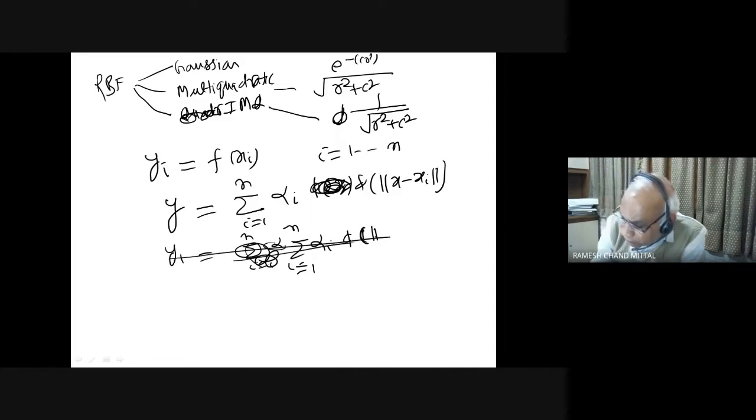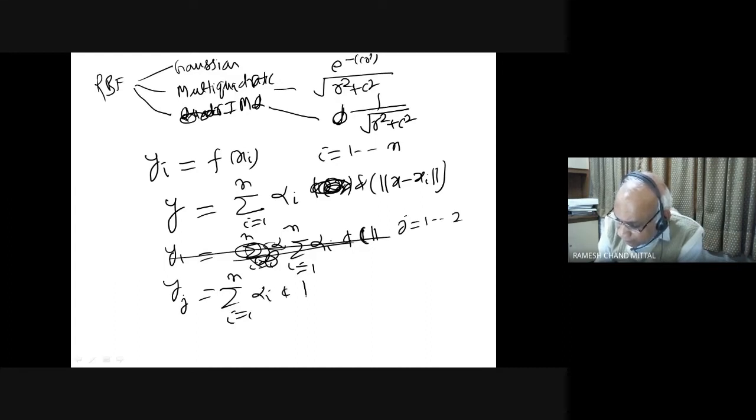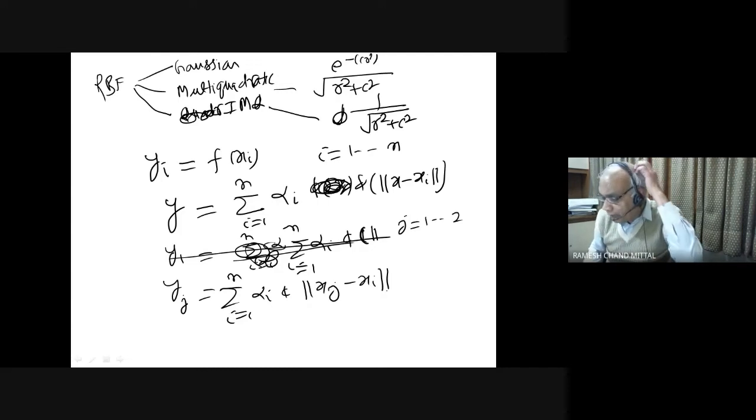So I take my points as j equal to 1, 2, 3. So I will be having y_j equal to the sum over i equal to 1 to n of alpha_i phi of (x_j minus x_i). I will be having it in this form.